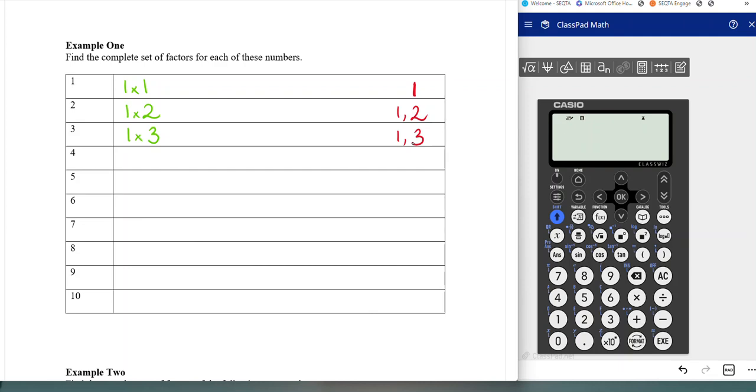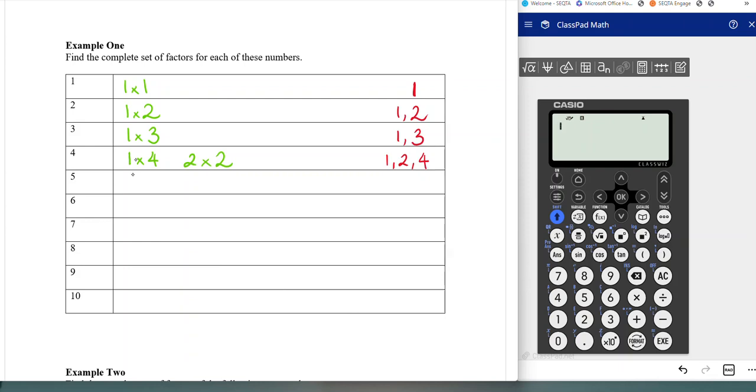They are the things that I can divide 3 by. 4 is 1 times 4 or 2 times 2. When you write out your list of factors that I'm doing over on the side in red, try to do them in ascending order. So it's 1, 2, and 4 are the numbers that are the factors of 4.